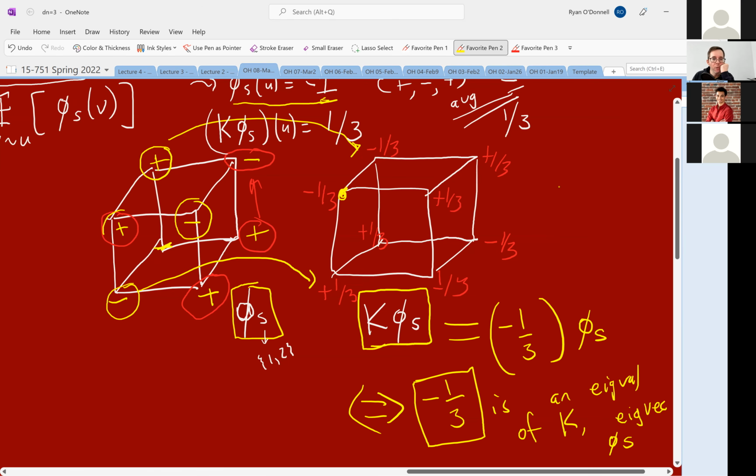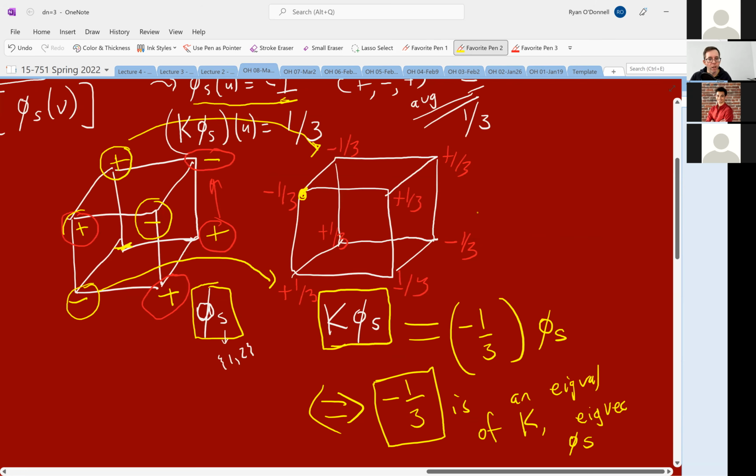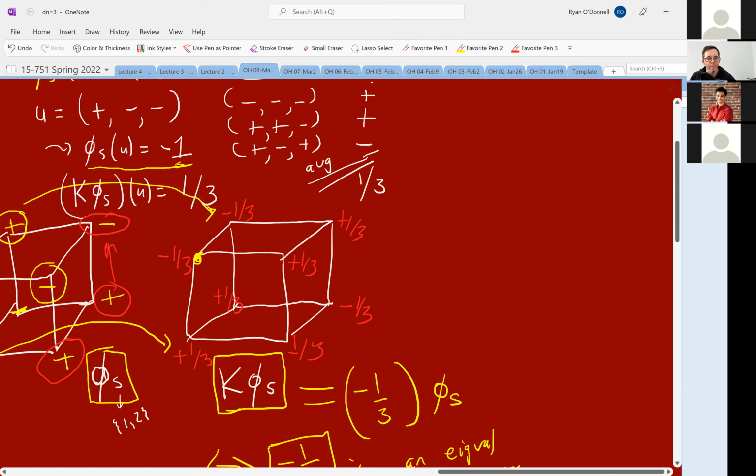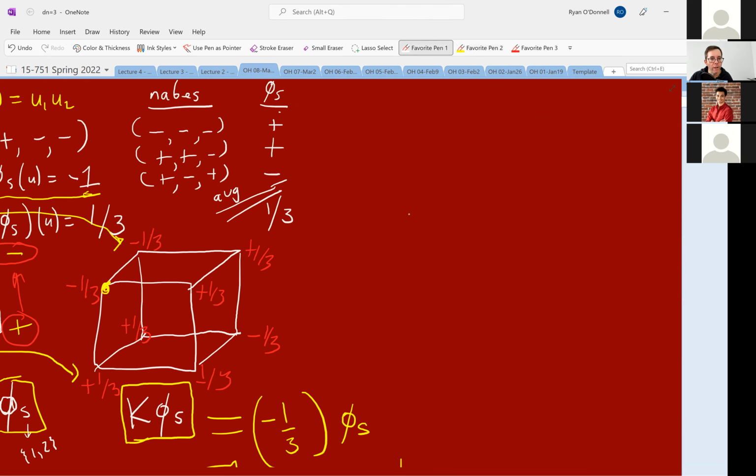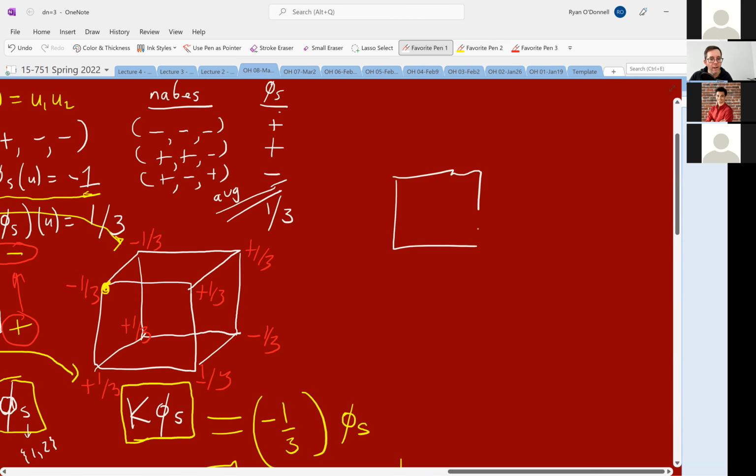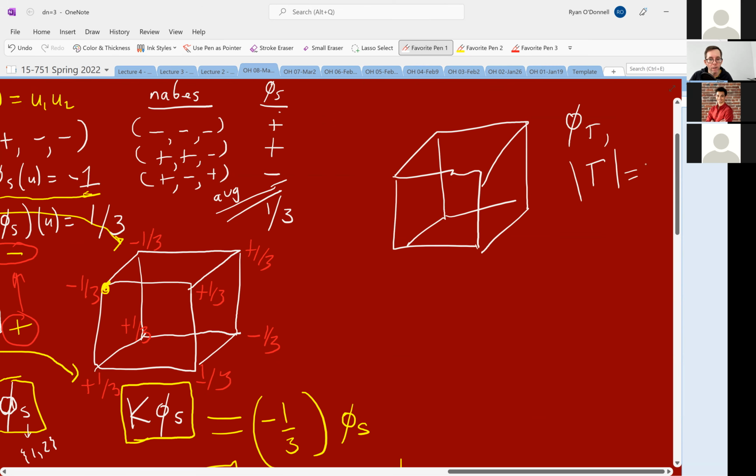Yeah, I should do one more example, just for fun. So, for example, let me just try to quickly draw it. Let's say we do a different phi sub t, where t has cardinality 1. So you look at the coordinates, which are +1, +1, -1, for example.